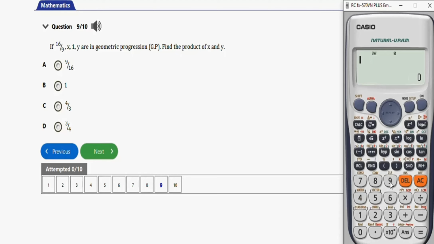Let's take 9 divided by 16. So basically, guys, the answer will be 1, option B, because 0.9975 is approximately 1 if you are leaving it in whole number. So the right option in this question is option B, which is 1. That's it for this question.